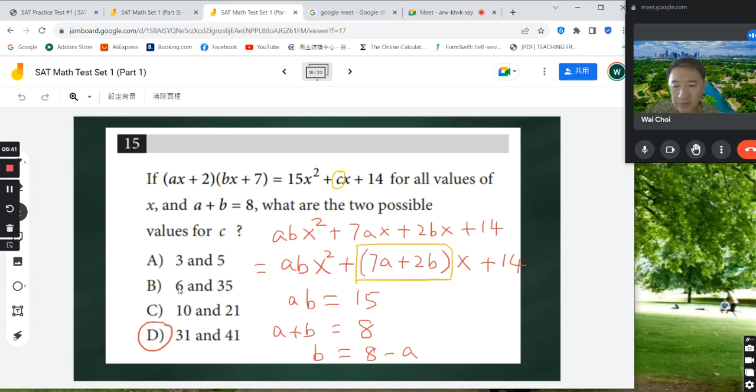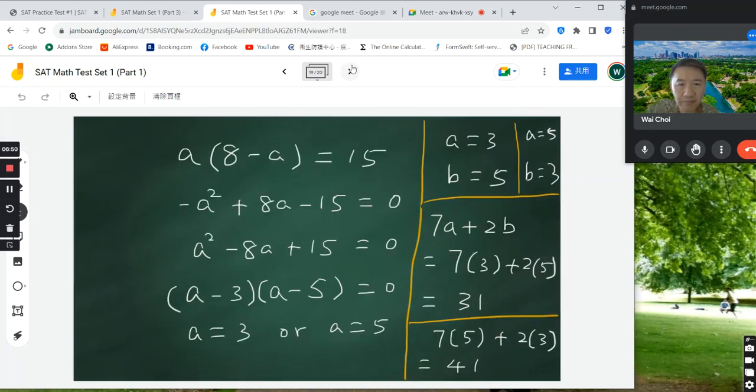So you look through this, and 31 is right here. So the answer is D. Now there are two possible values for c. The reason is a can be 3 or a can be 5. So when a is equal to 5, b is then 3.